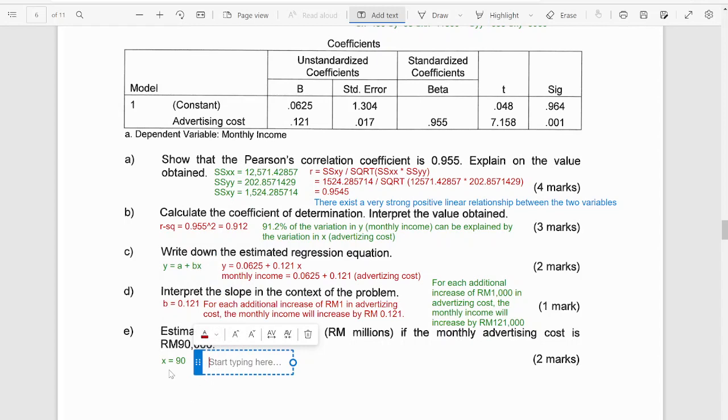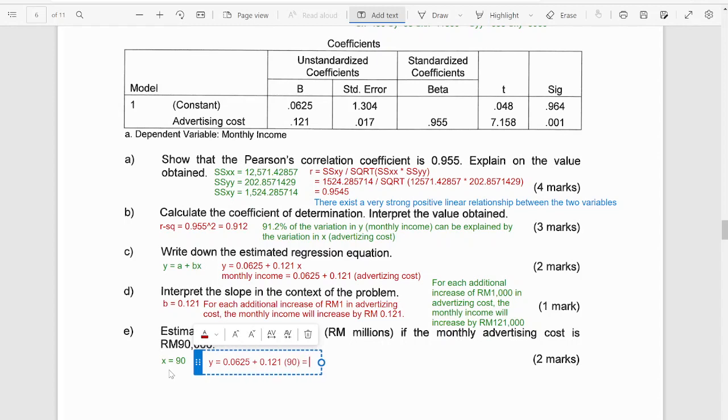So you have here Y is equal to 0.0625 plus 0.121 and then multiply with 90.